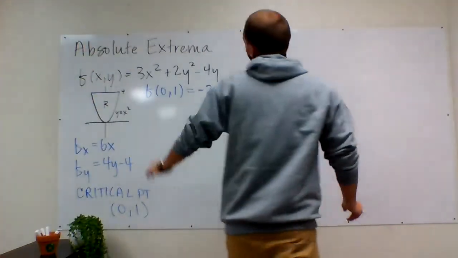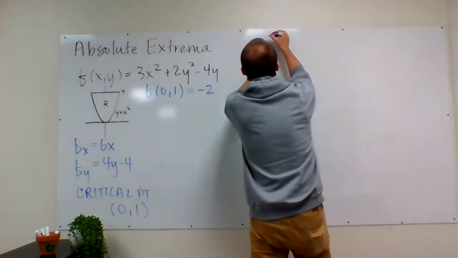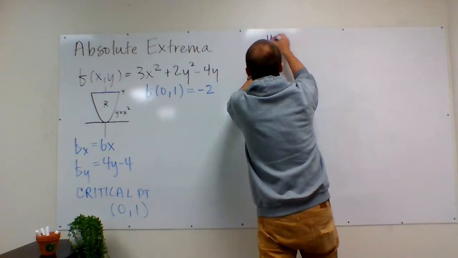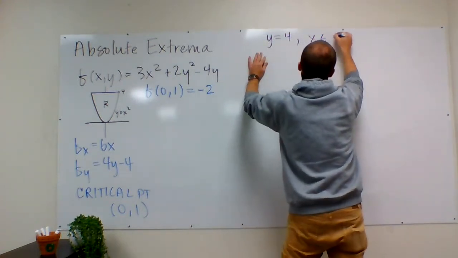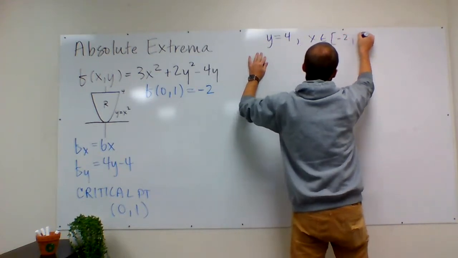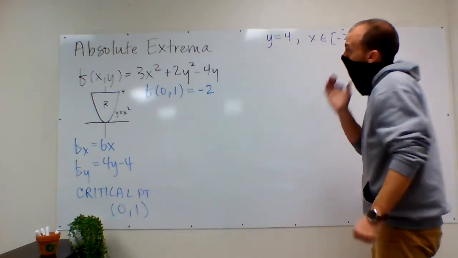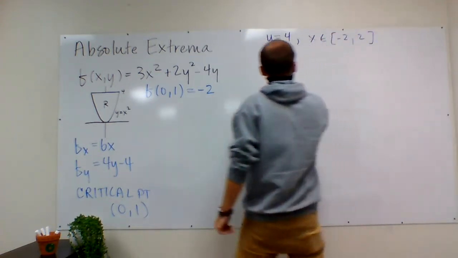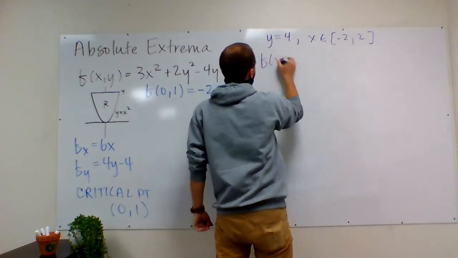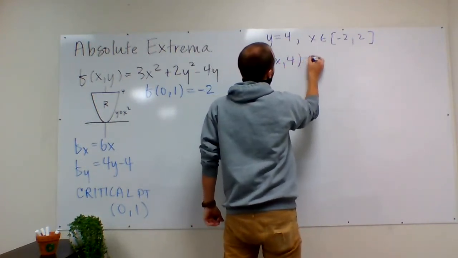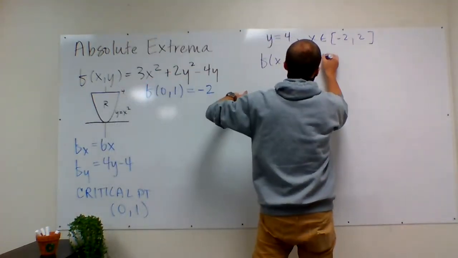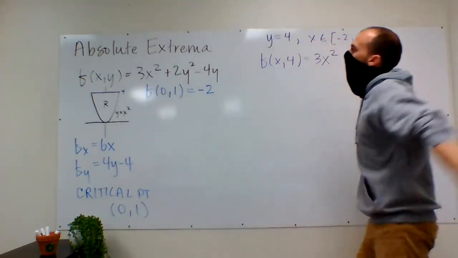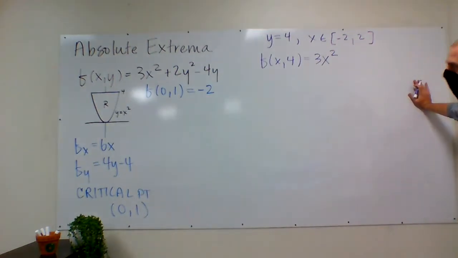Okay, so I'm considering the boundary where y is equal to 4 and x is between negative 2 and 2. So now I'm interested in f of x and 4. And so that'll be 3x squared plus 2 times 16 is going to be 32.